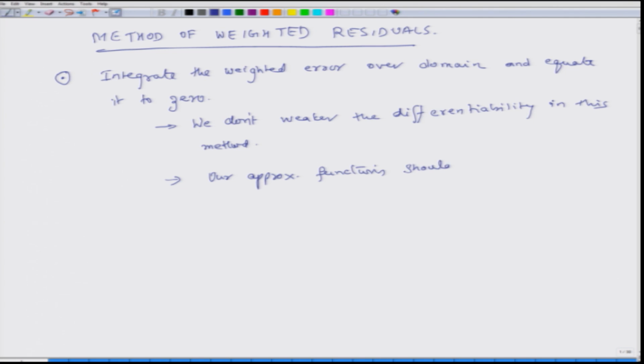In the Rayleigh-Ritz approach, we did not have to worry about the natural boundary conditions, because they were getting automatically satisfied. Here that is not the case.